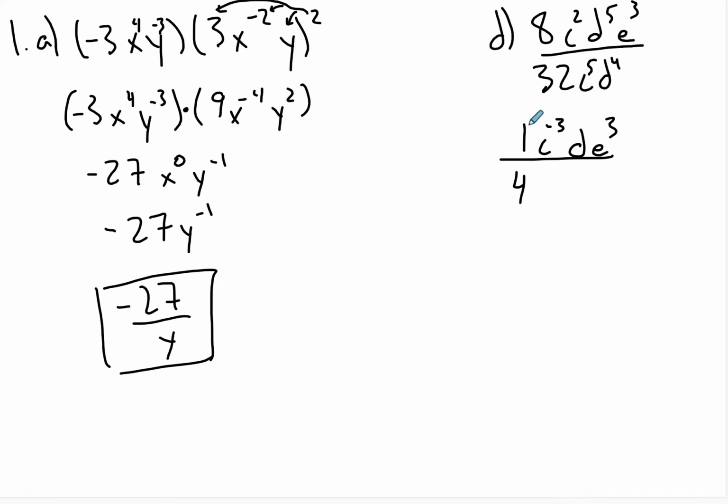So now, this 1 still exists, but I'm not going to write it anymore. So we'll have d on top, and we'll have e to the 3 all over 4 c to the 3. So really that move was just taking that negative 3 and bringing it down to the denominator, and this would be our final answer for part D.